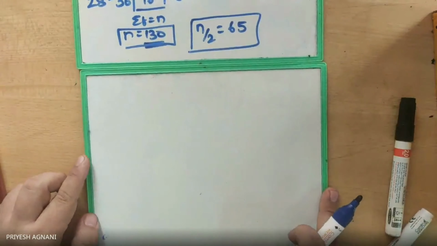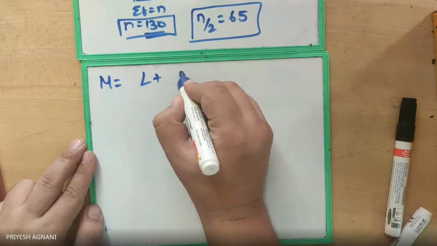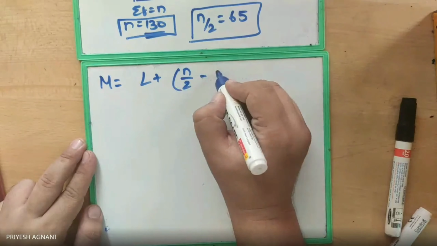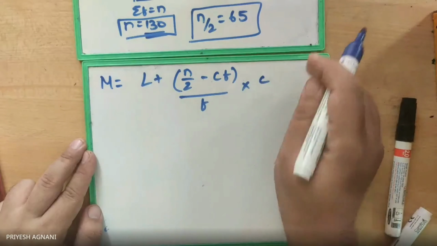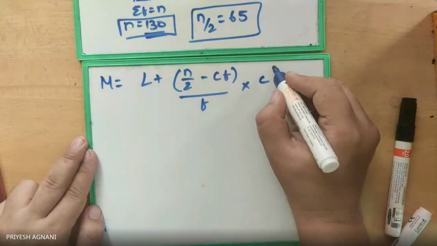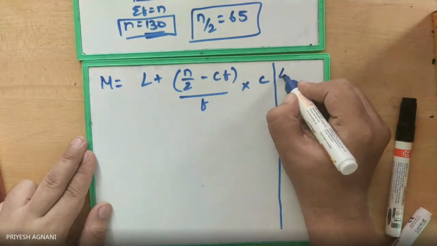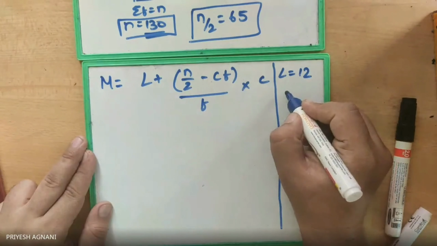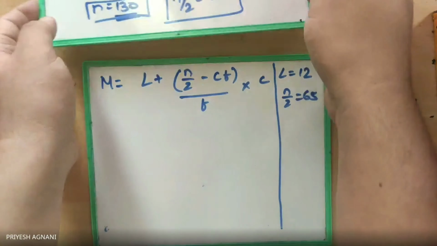We have the formula: median is equal to L plus (n by 2 minus CF) upon F multiplied by class length. We have got all the values. On the side over here, you write down all the values: L is equal to 12, n by 2 is equal to 65.